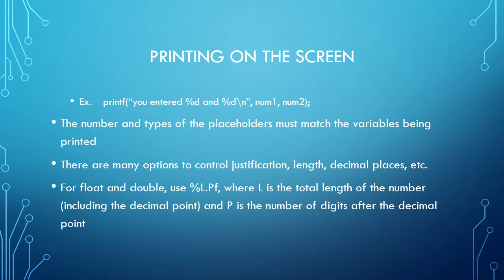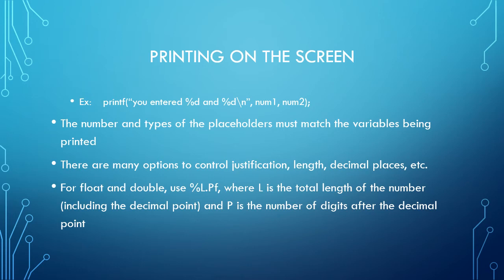The only ones I'm going to talk about right now are when you want to print a float or a double. You use two numbers, L.P, in front of the F. So L is the total length, the total number of positions you want to use for printing this number. That includes everything.